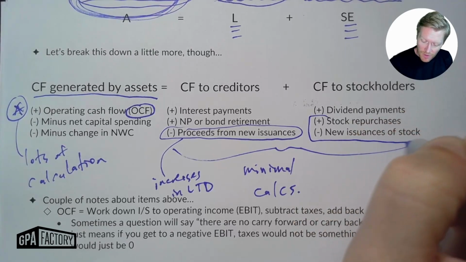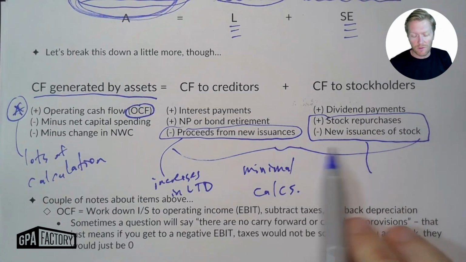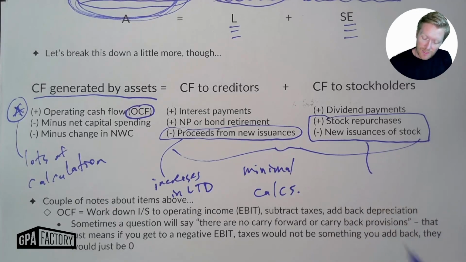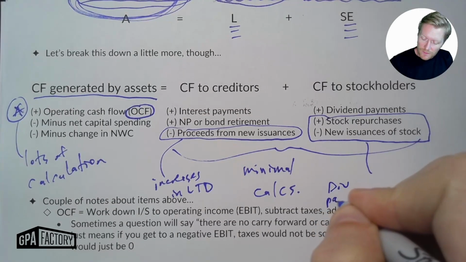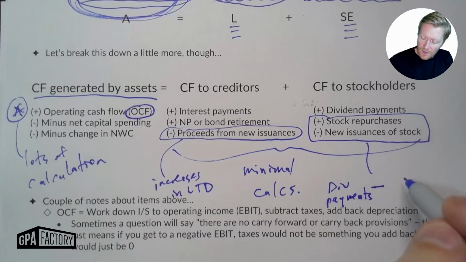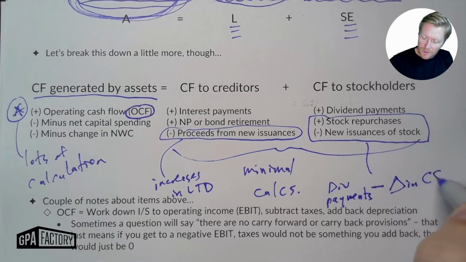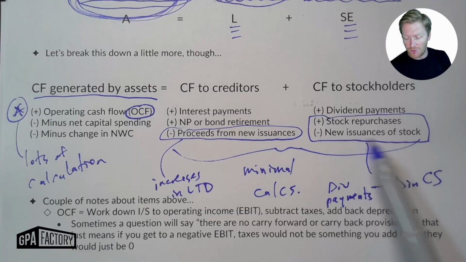We can kind of summarize this or make this a little bit easier on ourselves. This is just if some terminology is given to us like this. We are really taking the dividend payments, and we are subtracting off whatever the change in common stock is. So if common stock goes up, right, that means that we issued new stock.